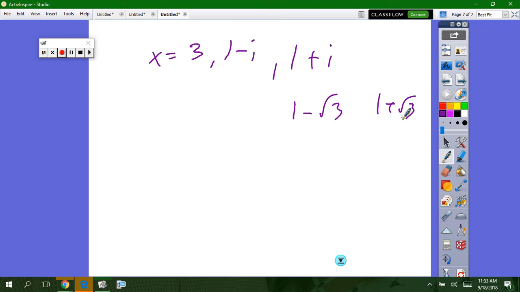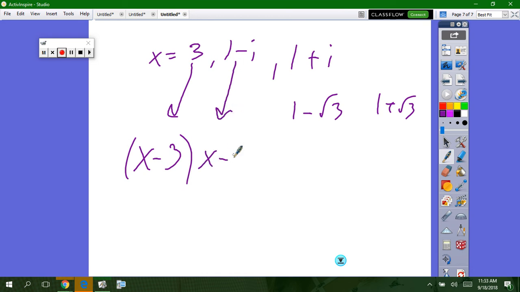And i technically has a radical, does he not? Okay, how do I write him as a linear factor? Thank you, Brady. x minus 3. How do I write him as a linear factor? x minus 1, because I subtract him over, but then I add him over. Well, this guy.